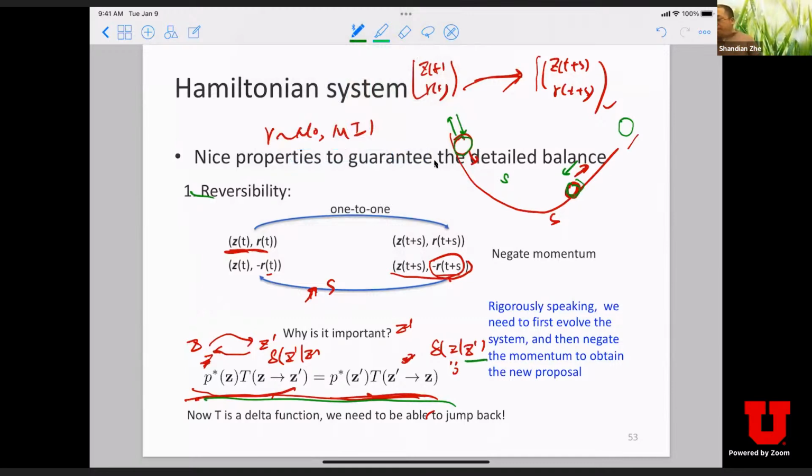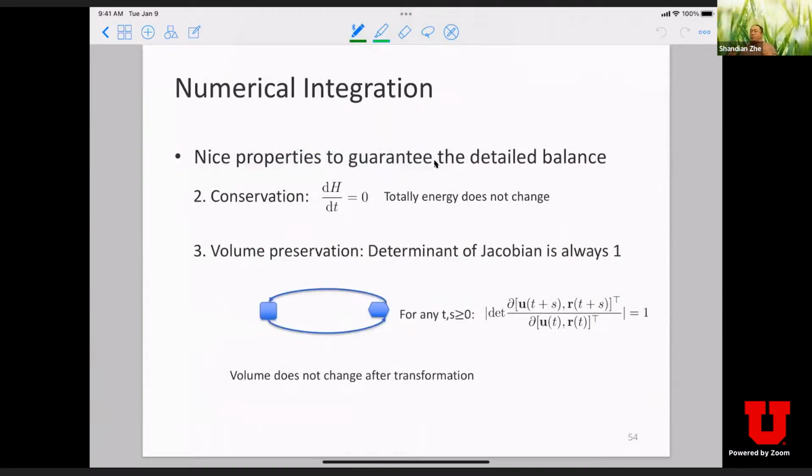Okay, so the next property of the Hamiltonian system is called energy conservation. Basically, it means your total energy doesn't change in the ideal system.